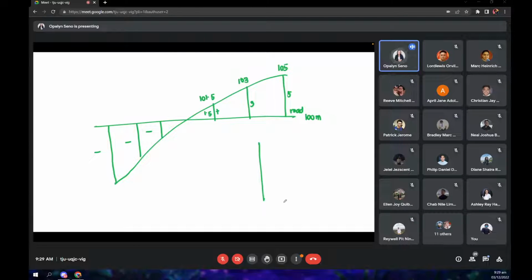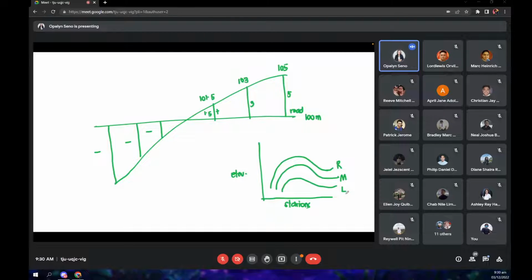Your graph will look like this: we have here the stations, and then the elevation. So stations and elevation. This is how your graph looks. For example, on your right, depending on the data you obtained, then the middle profile, and then we have the left profile.